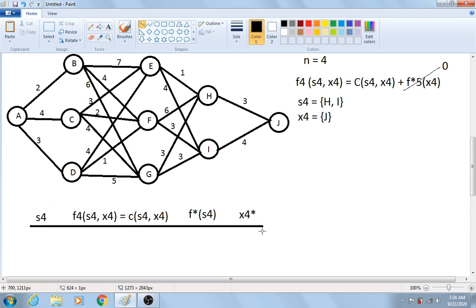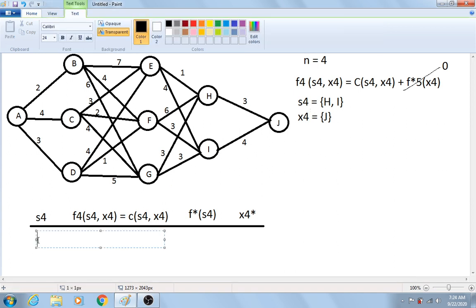So I'm just gonna put a line over here. So it will be in the table format. So S4, what is our x4? H and I. So that will be our position in stage number 4.